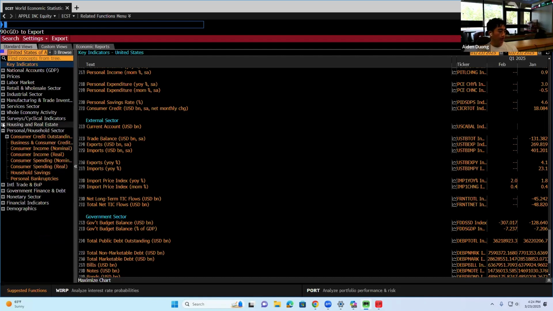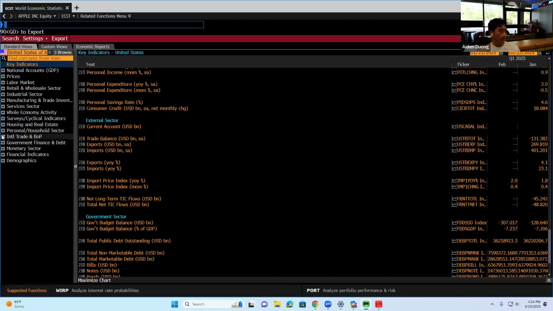Go back. Personal and household sector: how much individual income has changed over time, how much their spending has changed over time. We have nominal and real, which is adjusted for inflation, what's left over, how much they really spend.